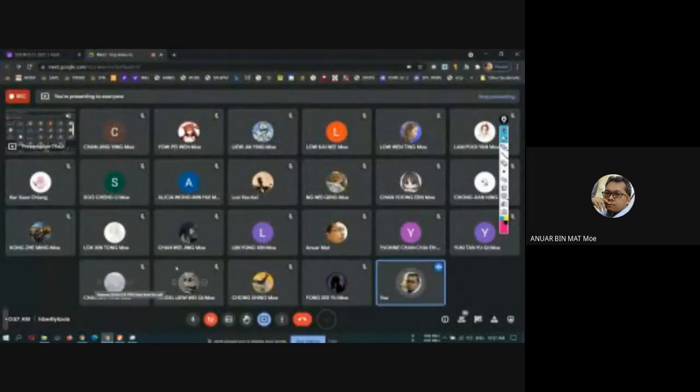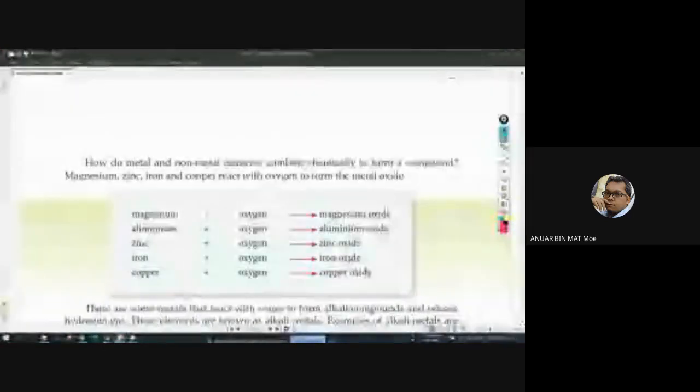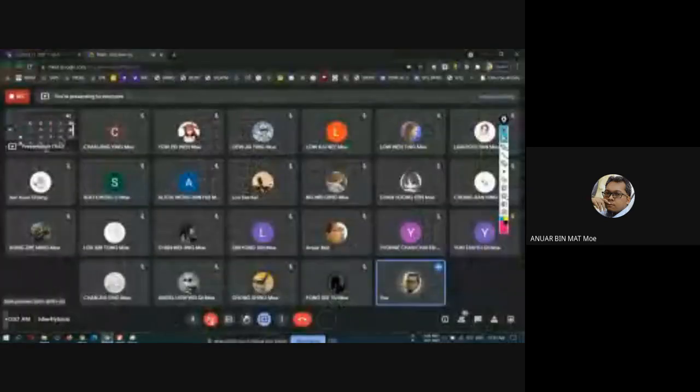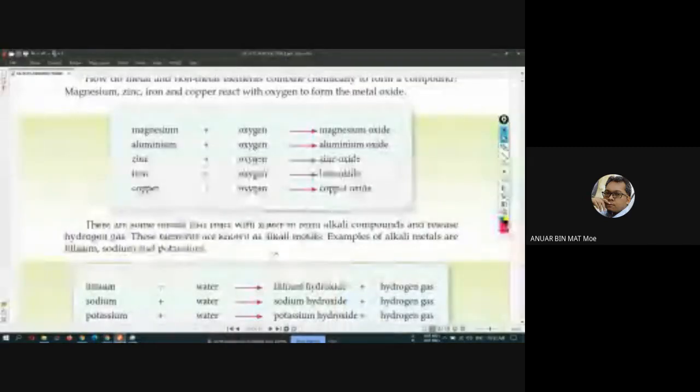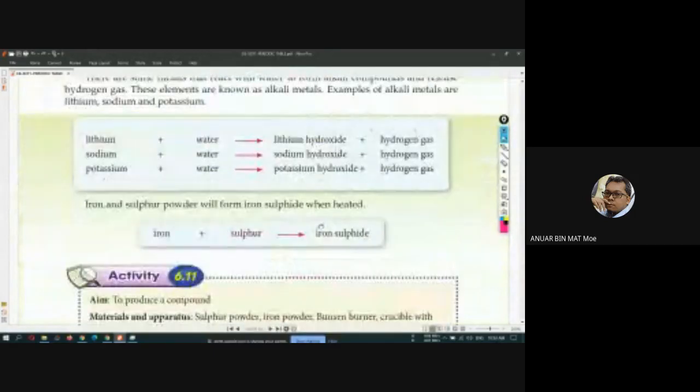Very bad connection. The screen is not smooth. Very bad, the internet connection for today. The screen is not smooth at all.